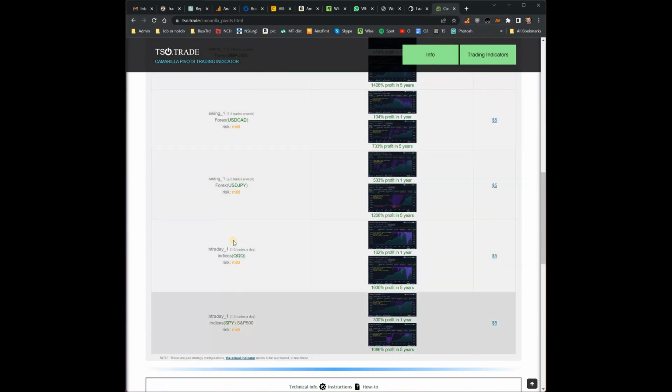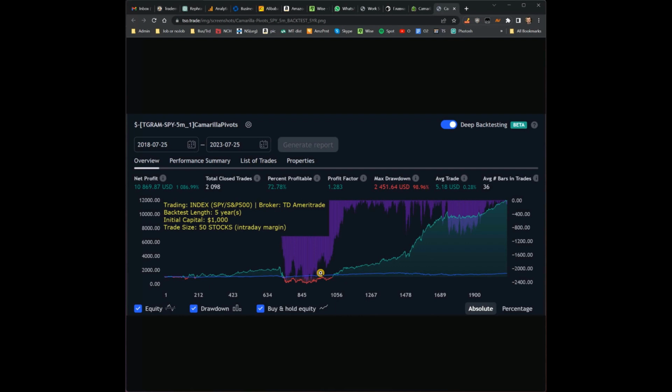It has some forex, and now it has S&P and QQQ. What I'm looking for in 5 years is something like this, even though it's still a bit bad here. So this is COVID. Unfortunately, it did not go through COVID, but it's still good enough.